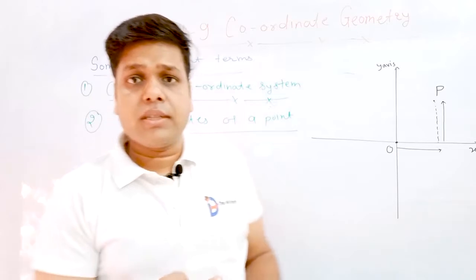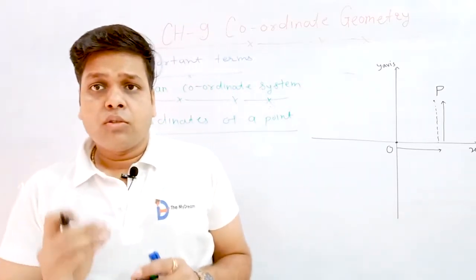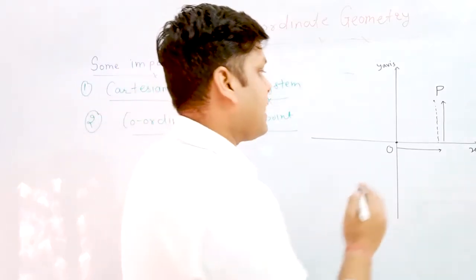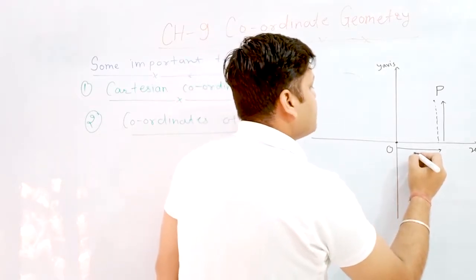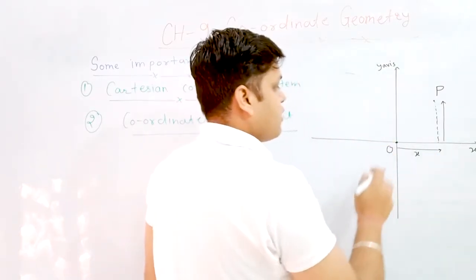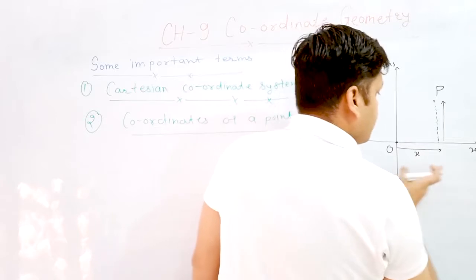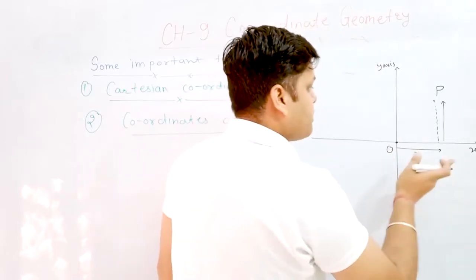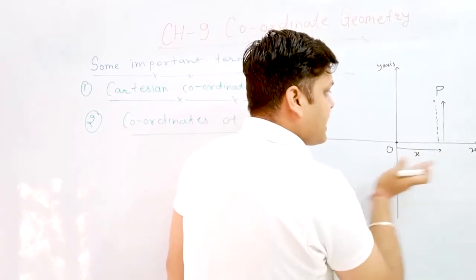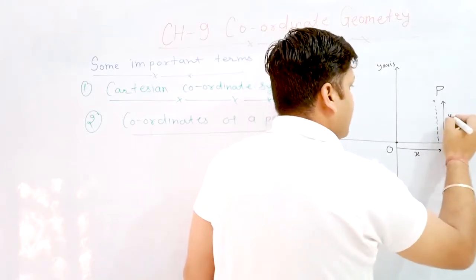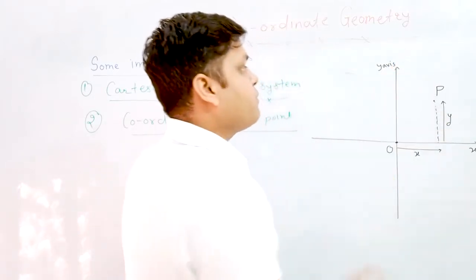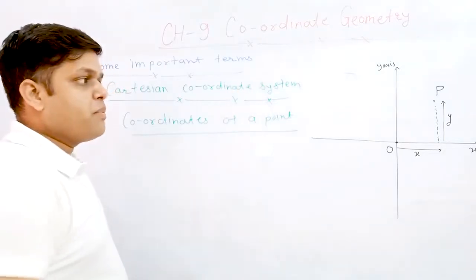So here two distances are covered. Suppose that we move x units from O towards P in the direction of the x-axis, and then we move y in the direction of the y-axis towards point P.